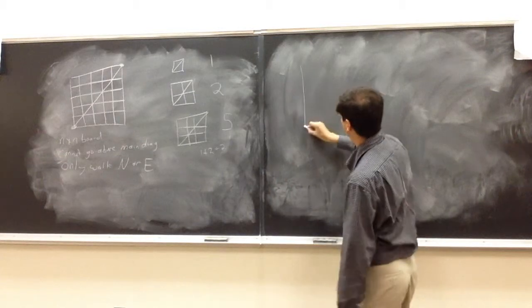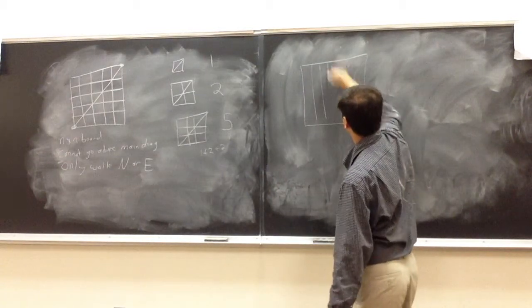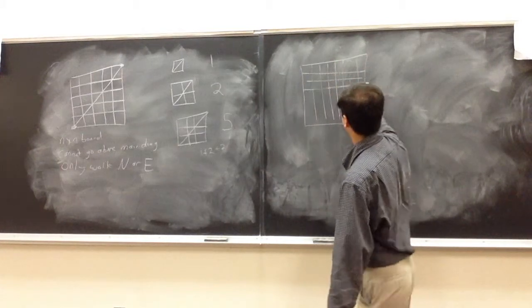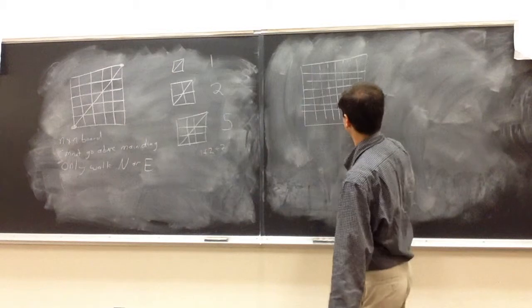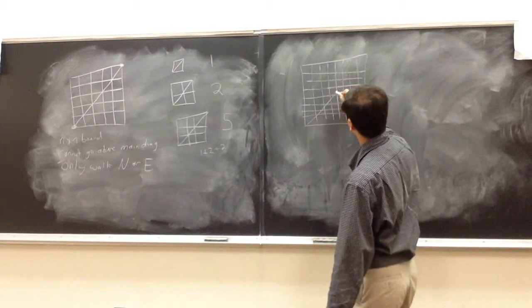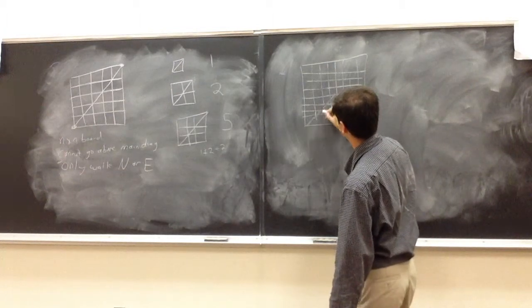So more generally, I've got a very large square. 1, 2, 3, 4, 5, 6, 7. 1, 2, 3, 4, 5, 6, 7. So I have something like this. And this is probably horribly drawn, so I shouldn't even try to draw the main diagonal.